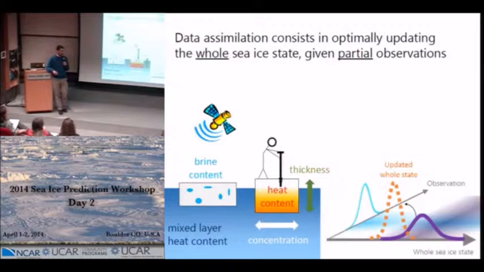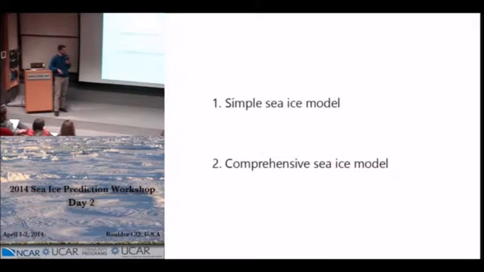And I think it might be a very promising tool for advancing predictions in the Arctic. So I want to go in 2 steps and first look at a very simple sea ice model to really understand what are the central ideas of data assimilation, and then move to a more operational, large-scale model, to see how data assimilation can help improve the prediction in the Arctic.